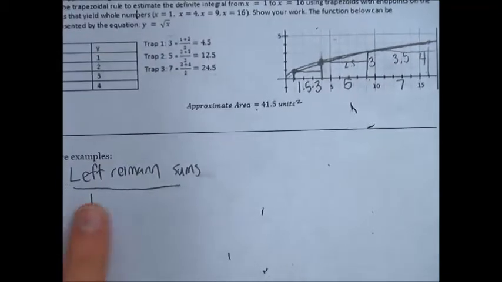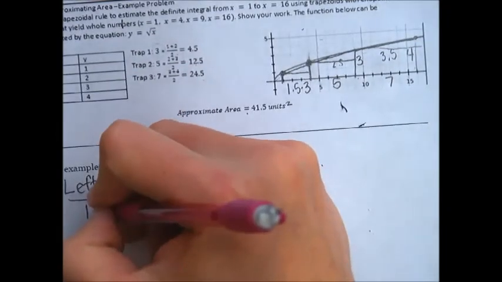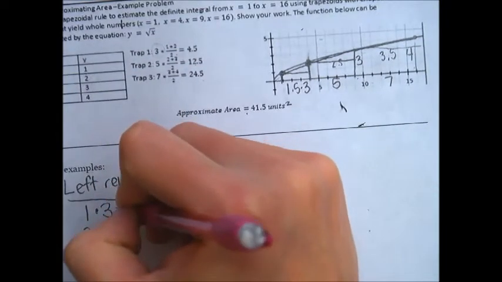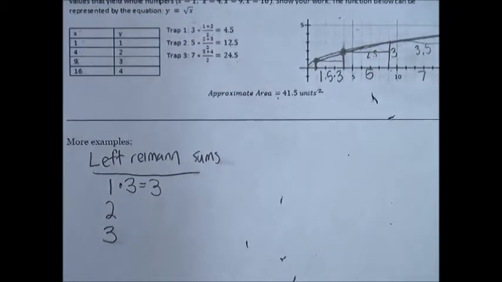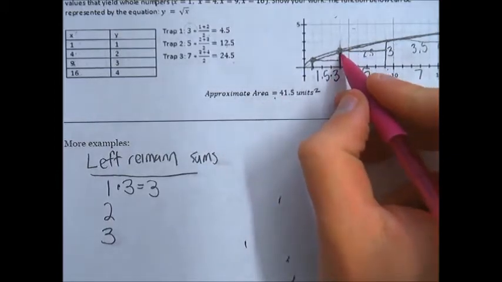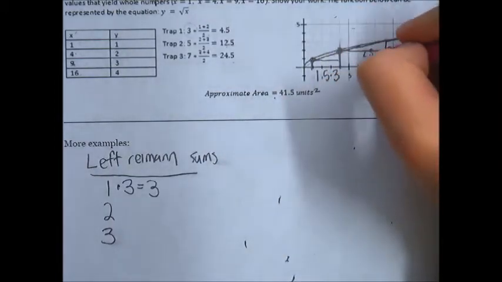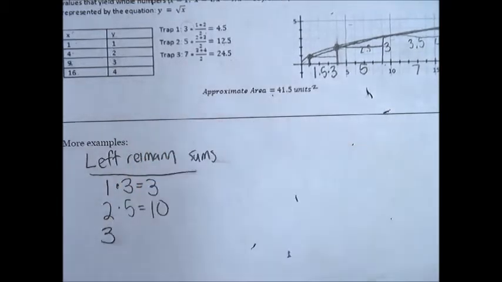So our first height is 1, and our first width is 3, so that rectangle would have an area of 3. Our second height is 2, because we're picking the left value here, which is 2, and its width is 5, so we do 2 times 5 and we get 10.